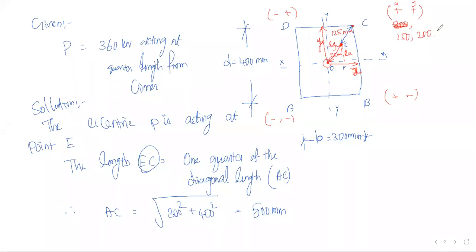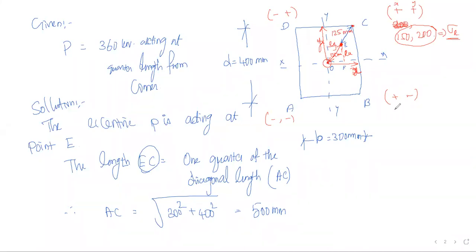Corresponding to this, we have to find out the value of sigma resultant. Next, where x and y are both minus, that is the very minimum resultant stress.